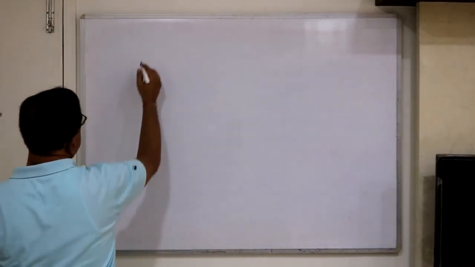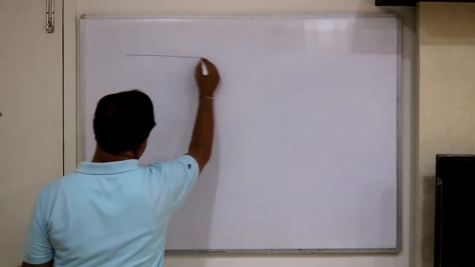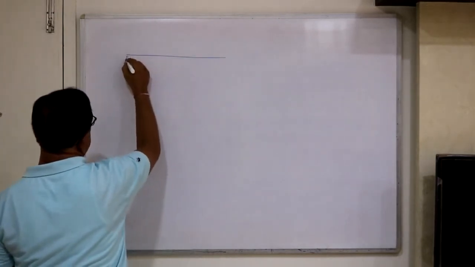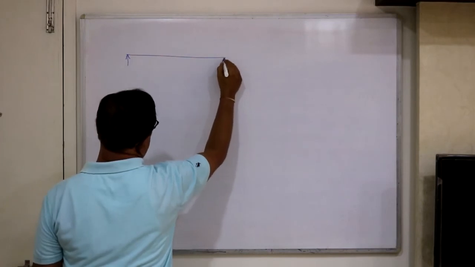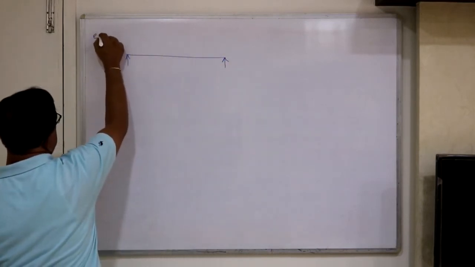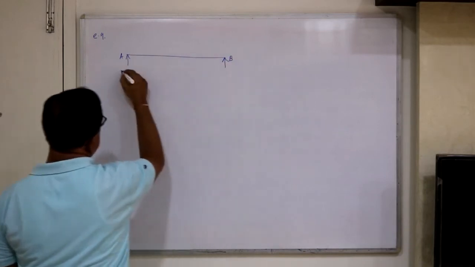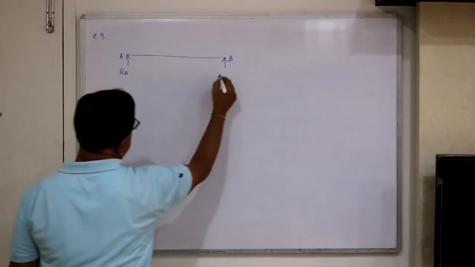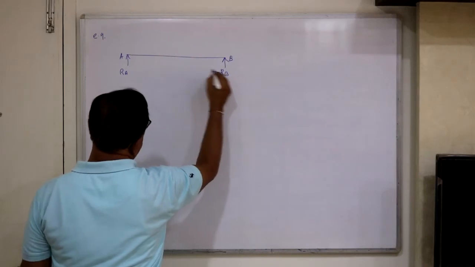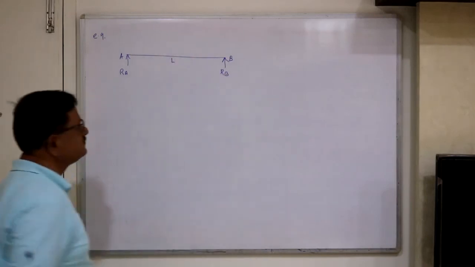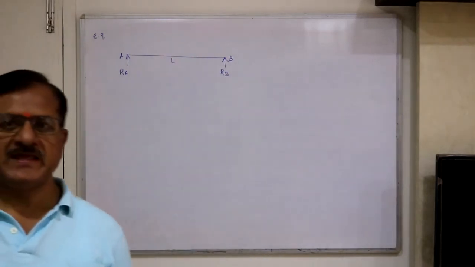Let's consider the same example: a simply supported beam A, B, with reactions RA, RB, and here is the span.